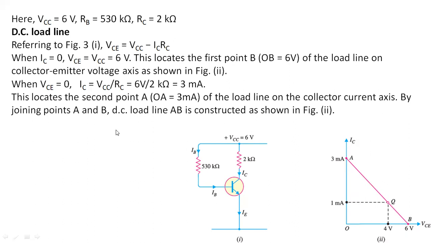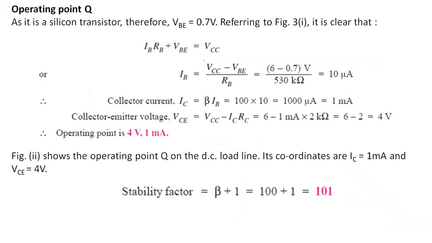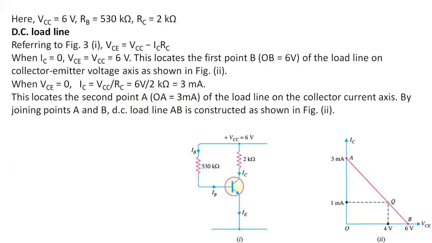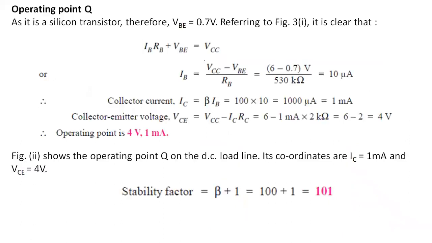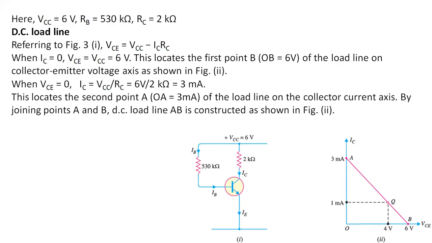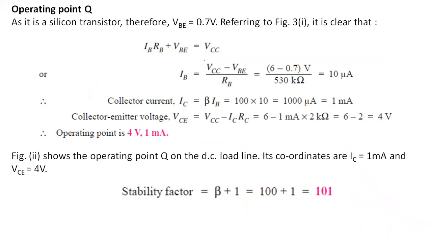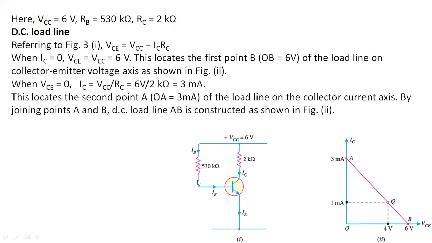Now we have to calculate the quiescent point Q. First, we have to calculate the value of IB for whatever resistance is applied in the base. According to the value of IB, we calculate the value of IC and VCE.